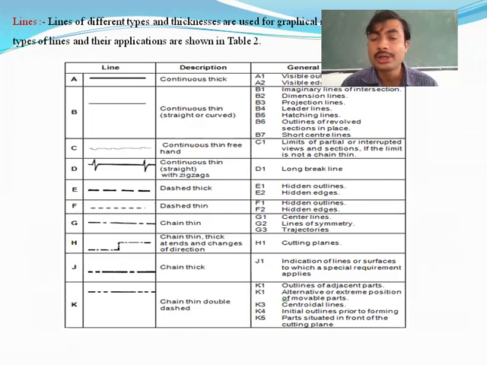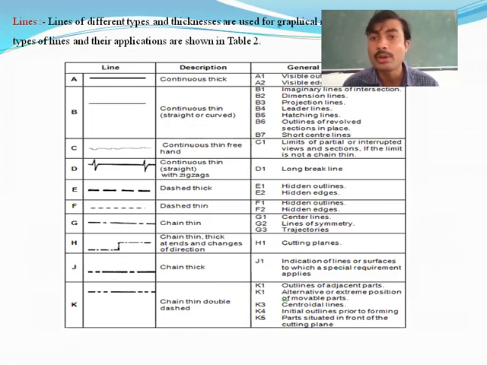The next one is continuous thin freehand. The continuous thin freehand is to be used when, sometimes, we are unable to draw the object on the drawing sheet as per the dimensions. For example, let us assume the size of the drawing sheet is 500 mm. If the size of the object is 1000 mm, we are not able to draw that onto the drawing sheet as per the dimensions.